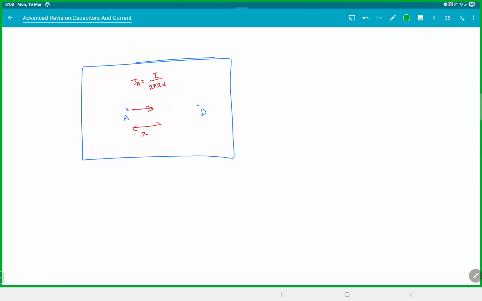And because of D, the distance will be L minus x, so the current density due to D will be I by 2 pi L minus x into d. So if you do both of them together, the current density will be I by 2 pi d times 1 by x plus 1 by L minus x. Clear with this? So if you send a current and pull the current, this is the current density as a function of x, where x is the distance from A along the line AD.